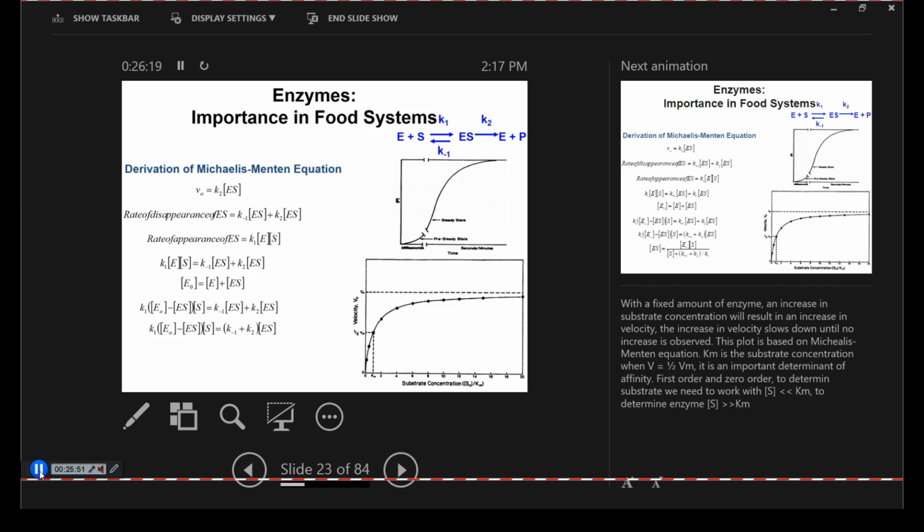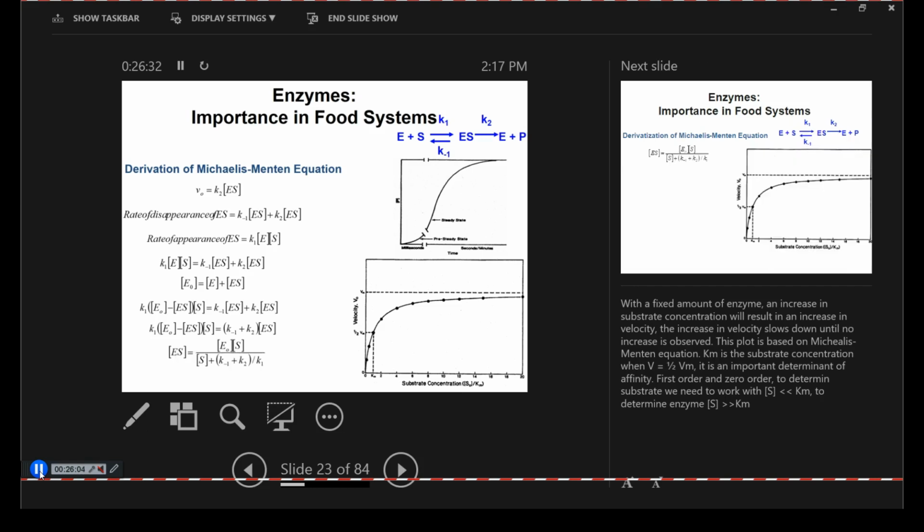So here, another substitution, so derivation, substitution. So ES goes out because it's common, and this K-1 plus K2. That's the only change in this equation. And then I'm solving for ES, just mathematical manipulation, just to solve for ES.